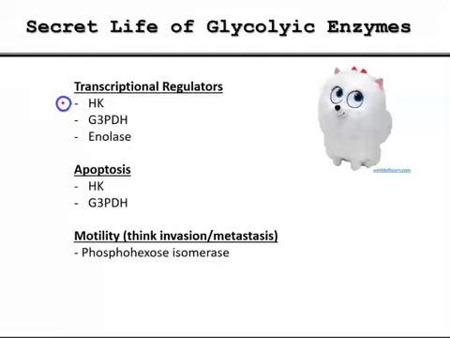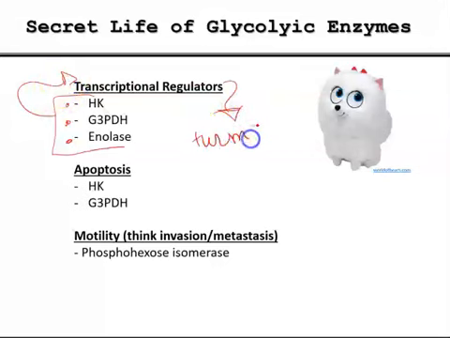So if we look at hexokinase, glyceraldehyde 3-phosphate dehydrogenase, and enolase, all of these enzymes can also serve as transcriptional regulators, which can turn genes on or off. So they can change gene expression. And when you change gene expression, you change the proteome of the cell, meaning what proteins are present in the cell. When you change the proteins present in the cell, you change the metabolic profile of the cell.